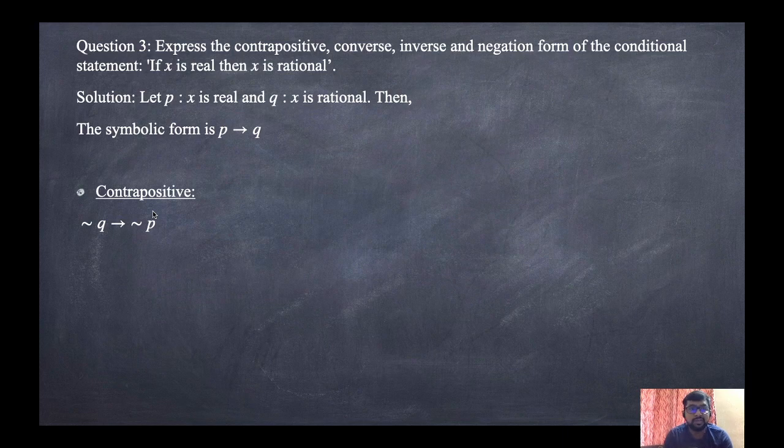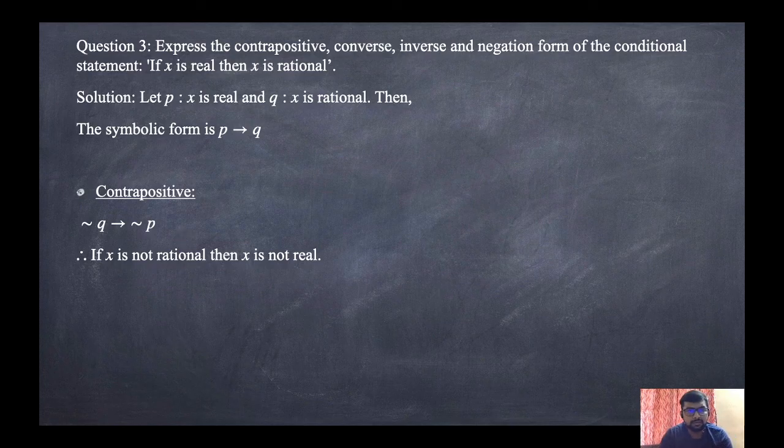Not Q implies not P. Q is X is rational, so not Q is X is not rational, and in the same way X is not real. So the statement will be: if X is not rational, then X is not real. This is the contrapositive statement.